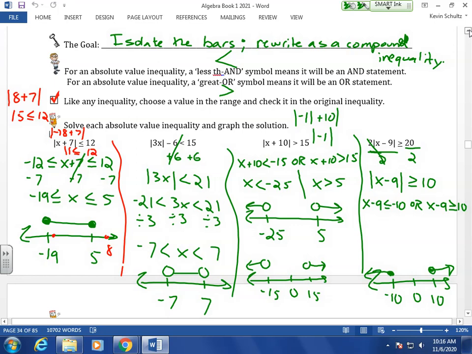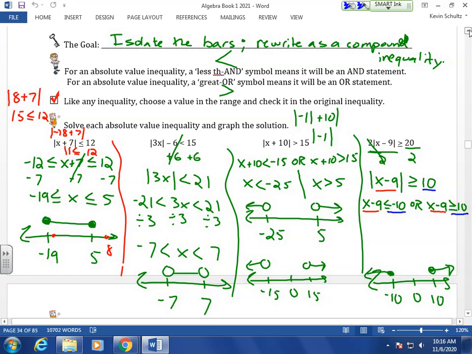And again, with the OR statements, it's not as easy to see, but there's a connection here. There's a format pattern. From our original inequality, that x minus 9 doesn't change. We take the bars off, right? But it's still x minus 9. That positive 10 just becomes less than or equal to the negative value of it, greater than or equal to the positive value of it.